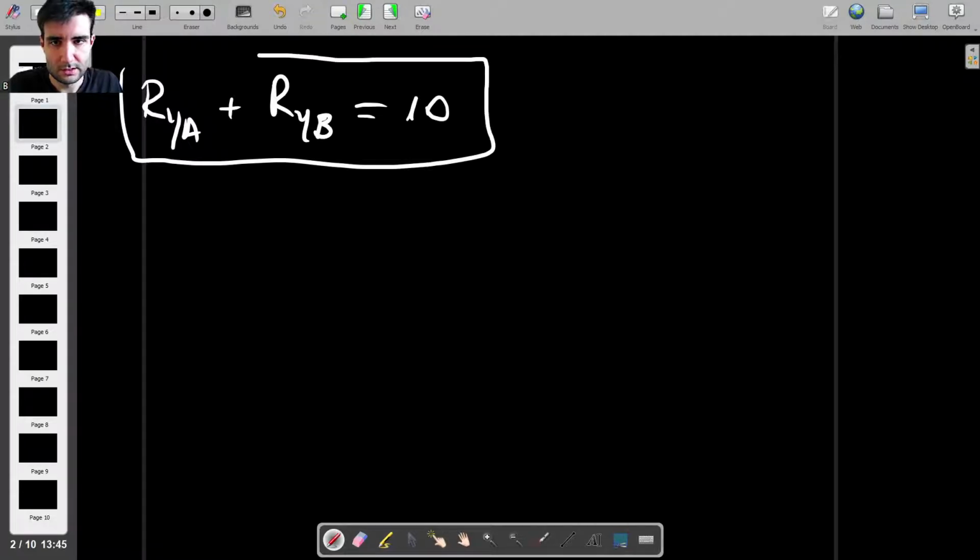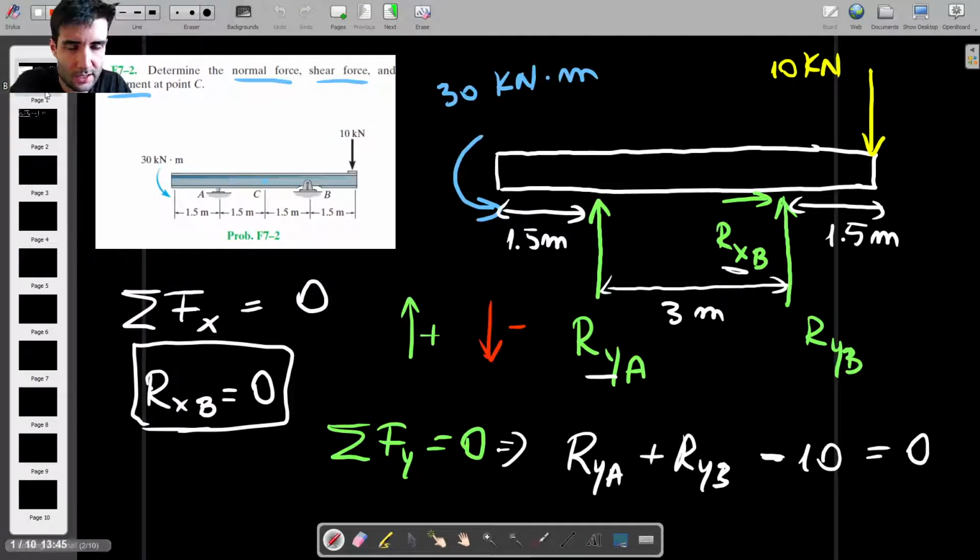So that's one equation, but we need something more to be able to find the reaction forces. To do that, we are going to take moments about a certain point.